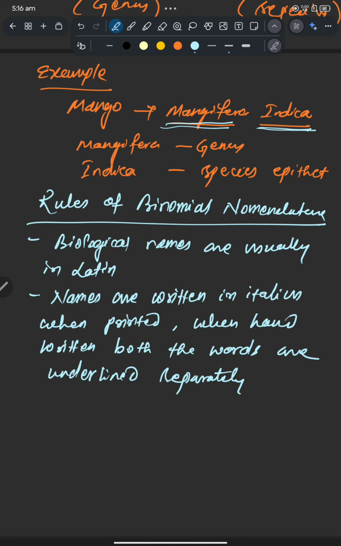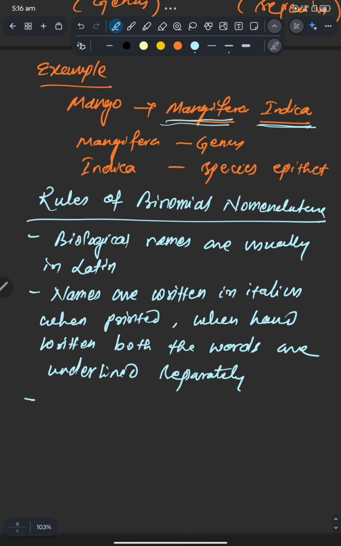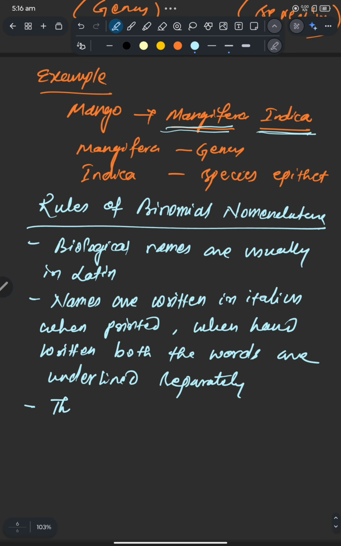Now another rule, the third rule: the first word, what is the first word? The genus starts with a capital letter.